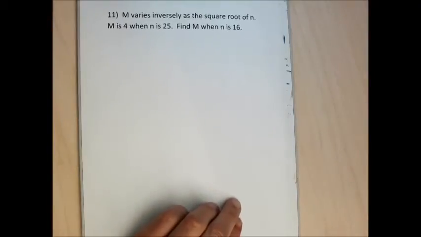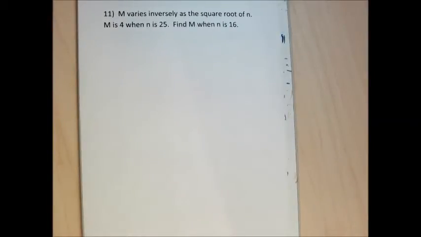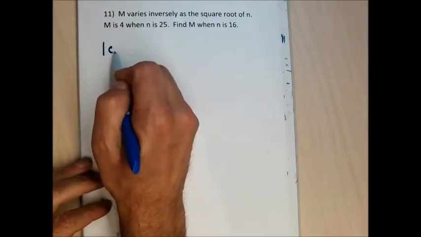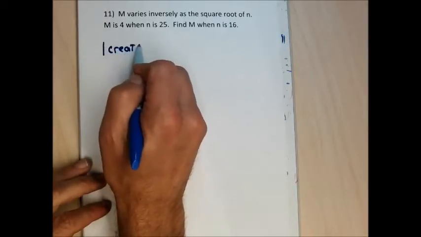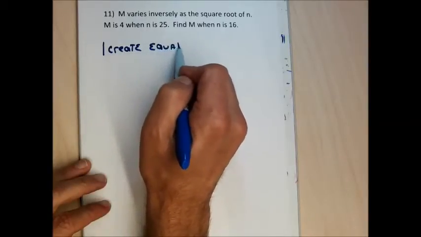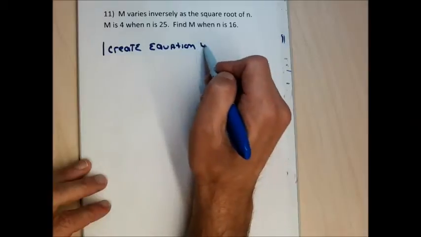Just a few more problems left, and these problems we do in intermediate algebra, so if you haven't forgotten your intermediate algebra, good things will happen here. So first I need to come up with an equation with a k. Second, I need to solve for k. Third, I need to answer the question. So there's 3 steps. 1, create an equation with a k.